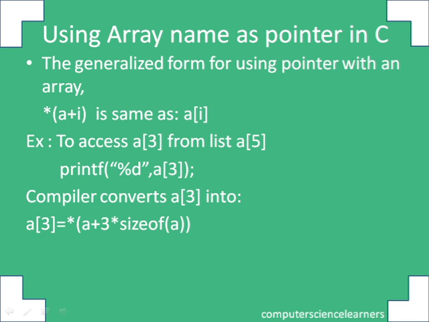That is how we are using array name as a pointer. So here 1000 plus 3 into 2 means 1006. Finally we will get the value 4, right?